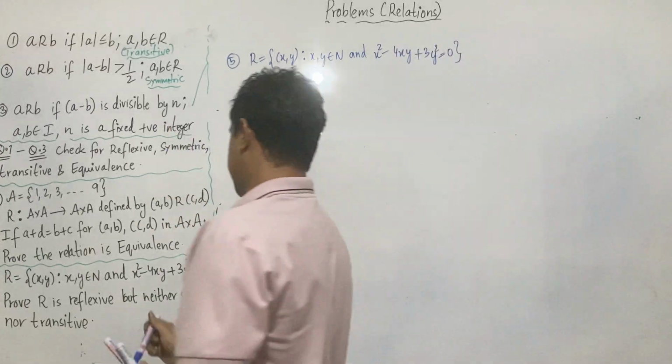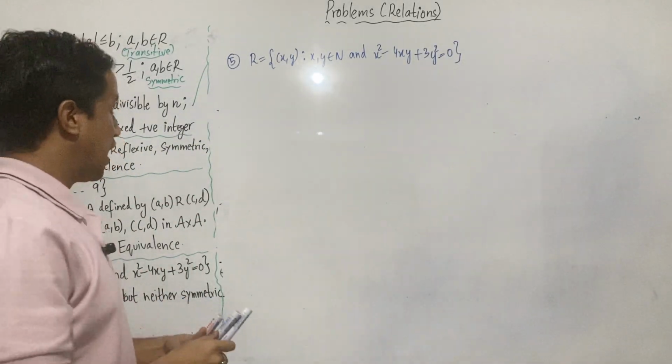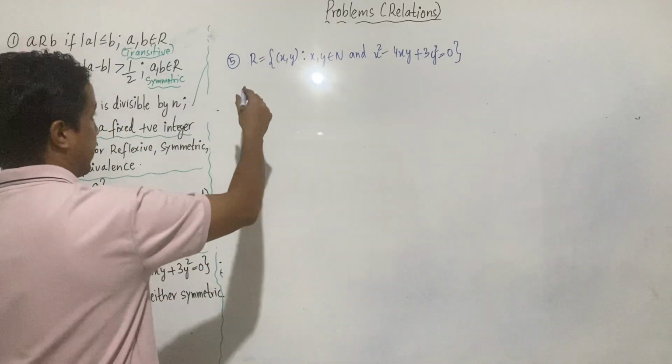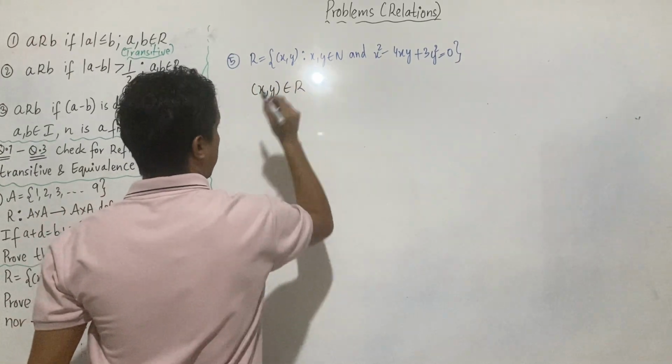We have to prove R is reflexive but neither symmetric nor transitive. Now this is given to us. So here I can say that (x, y) belongs to R.